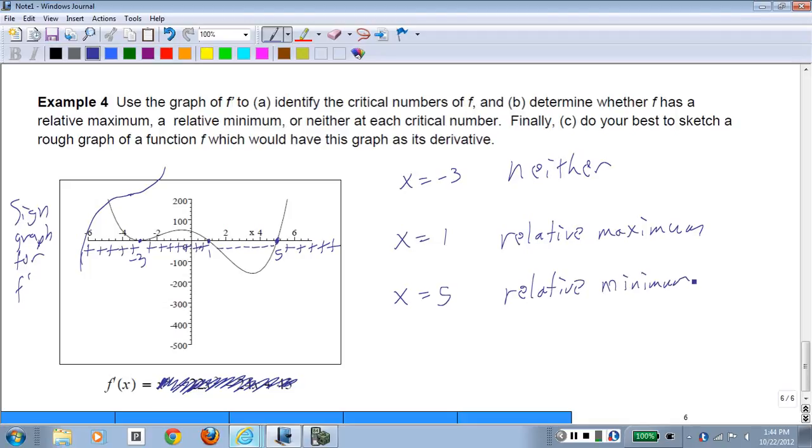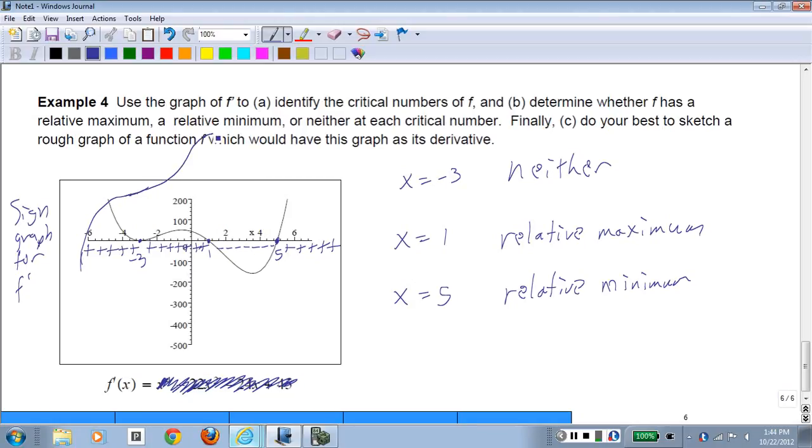Let me continue with the graph. I have to be careful because there's something special that happens involving the second derivative. Where's that relative maximum going to occur? At 1, maybe drawn a little higher.